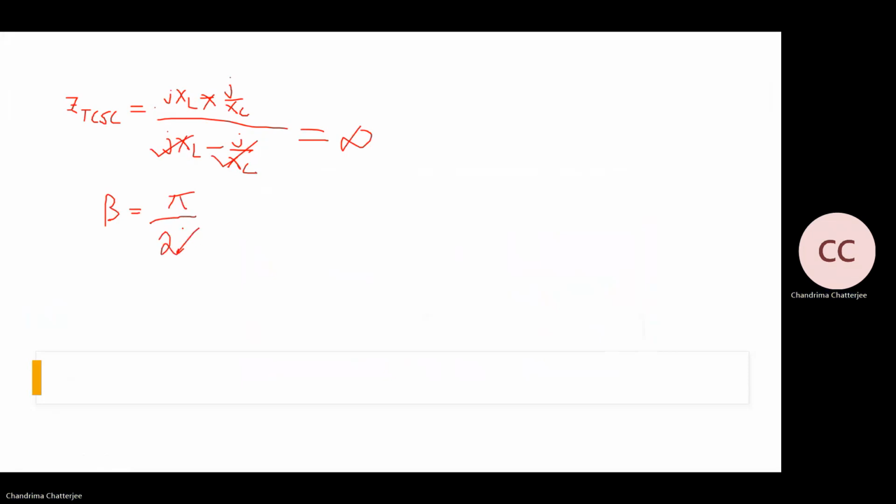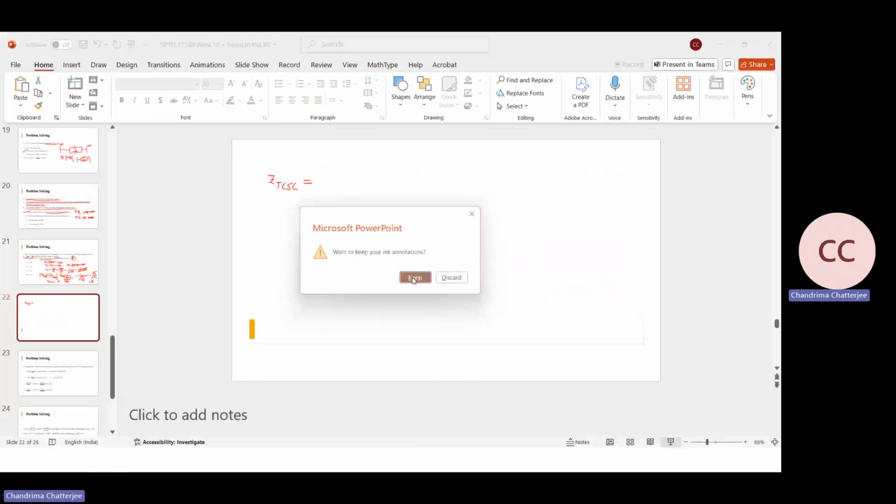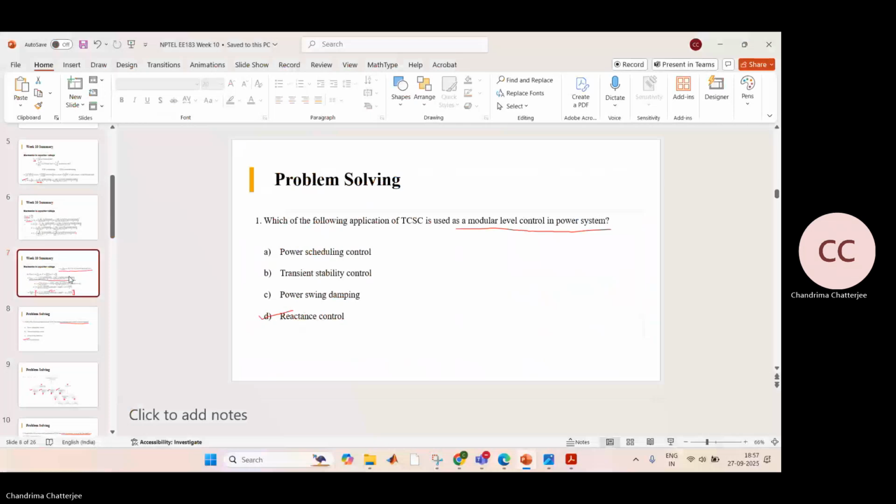The derivation is done here; in the lecture notes, you will get the derivation. Here I have included that. So basically, this is the expression of Z TCSC.